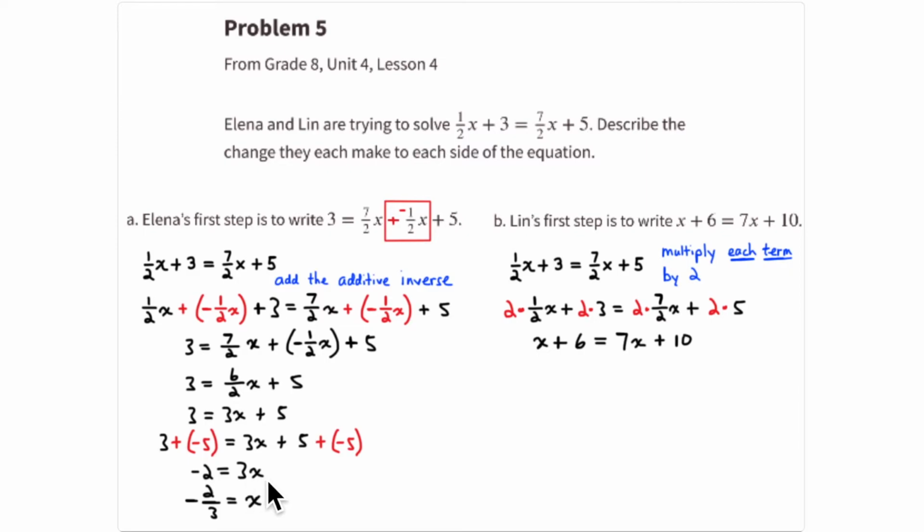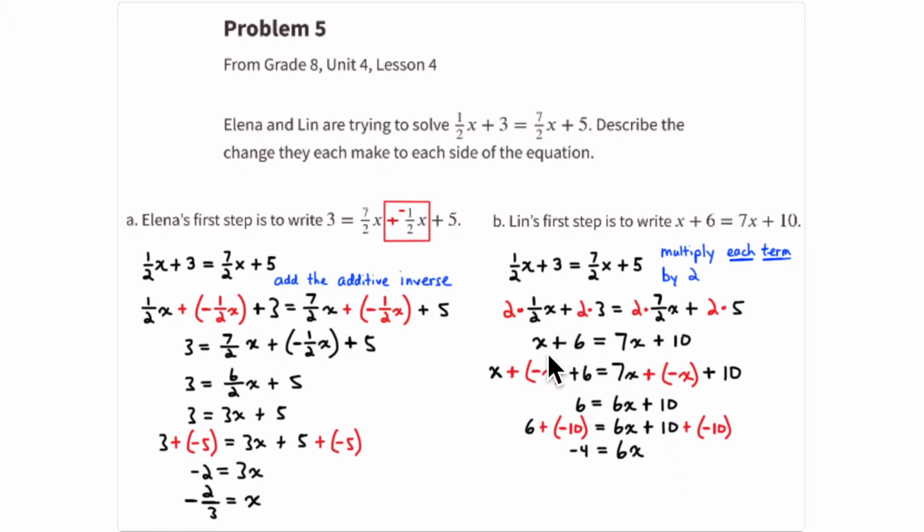You have 3 x's. You want to know what 1x is. So it's 1/3 of 3 x's. You also have to look at 1/3 of negative 2. So 1/3 times negative 2 is a negative 2/3. So x equals negative 2/3. We should get the same thing on this side.